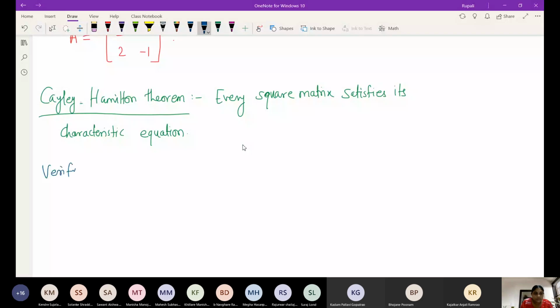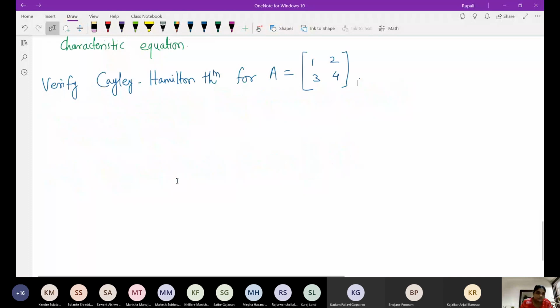Take an example, verify the Cayley-Hamilton theorem for the matrix A is equal to [1, 2; 3, 4]. How will you verify?